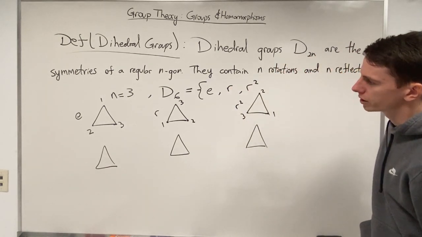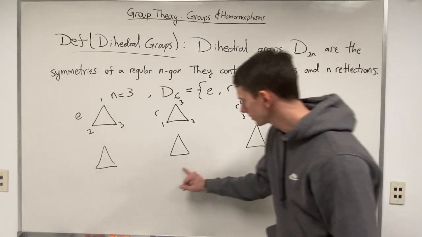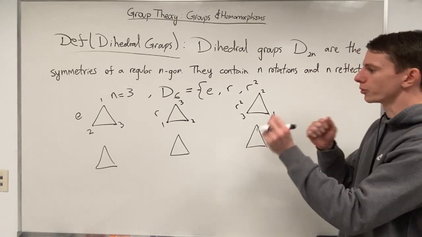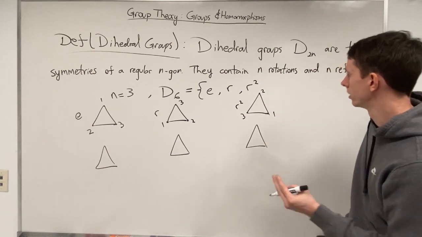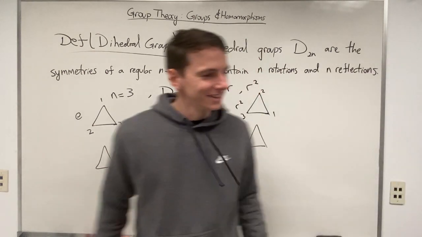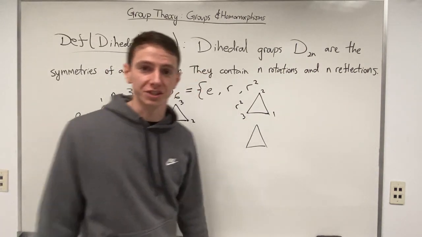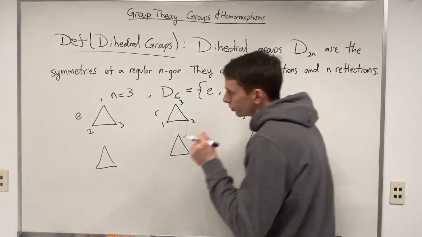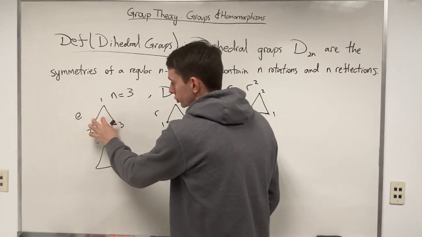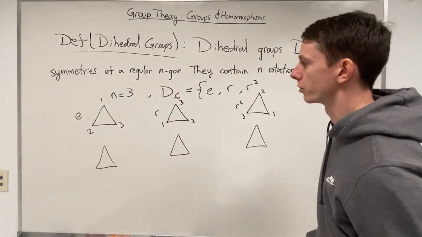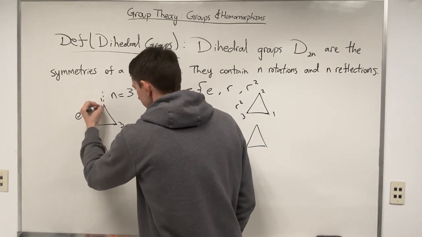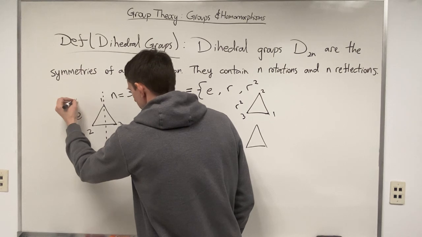But now, how are we going to denote these elements down here? It's going to contain 3 different reflections. So what does that mean? Well, you could imagine if this was our starting triangle, the top left one, we could draw out 3 different axes that I'm going to draw with these dotted lines right here.